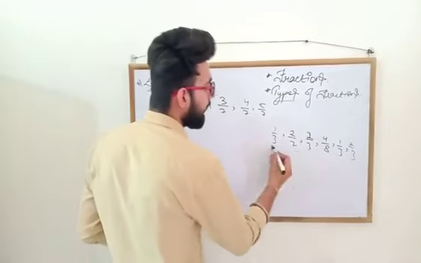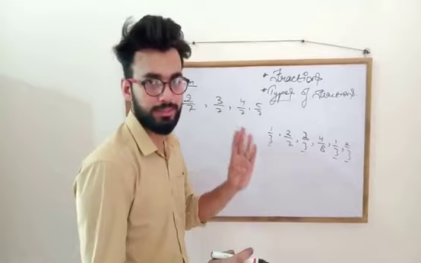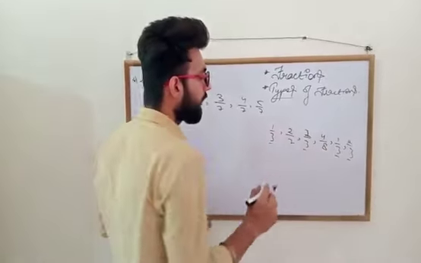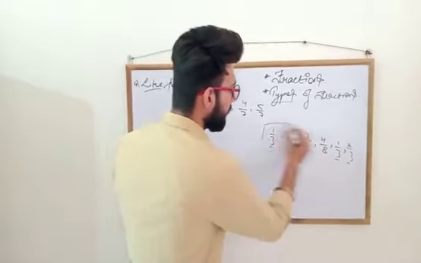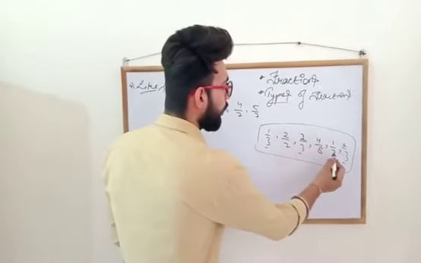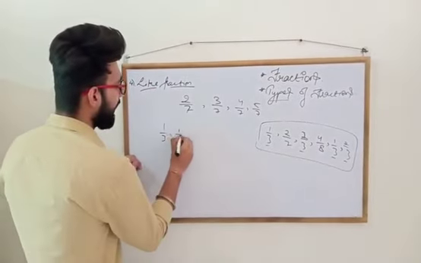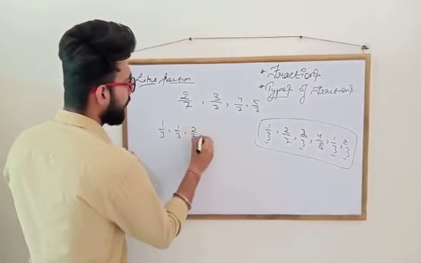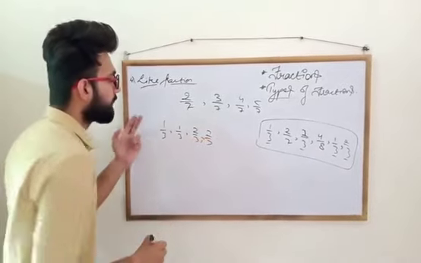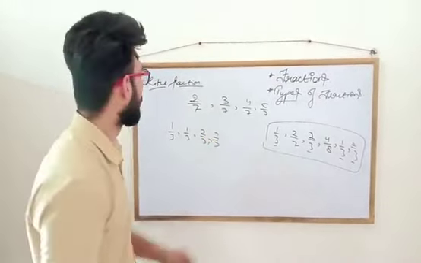So we can see 3, 3, 3, 3. 3 is repeated in 4 fractions, isn't it? So if we need to find out the like fractions of the given fractions, what are the fractions that we will write? 1, 2, 3 and 4. So we can write 1/3, 1/3, 2/3, 2/3. Okay. So these 4 are the like fractions in the given table. Okay. Cool.